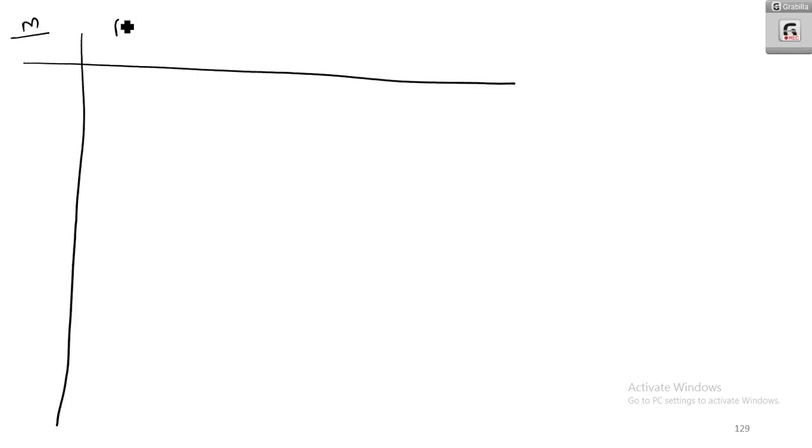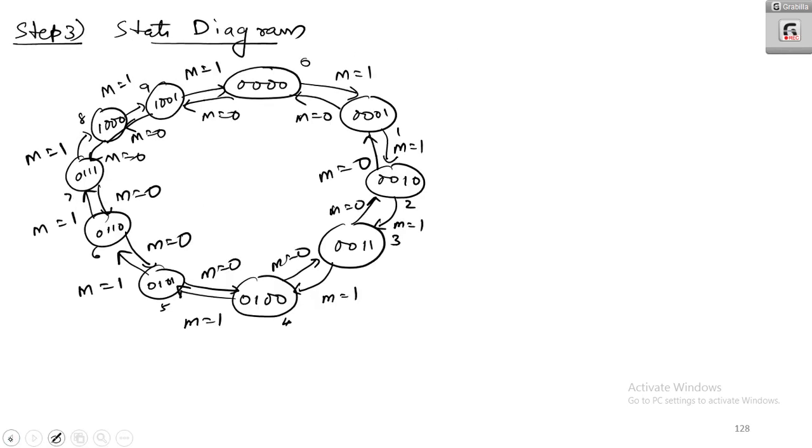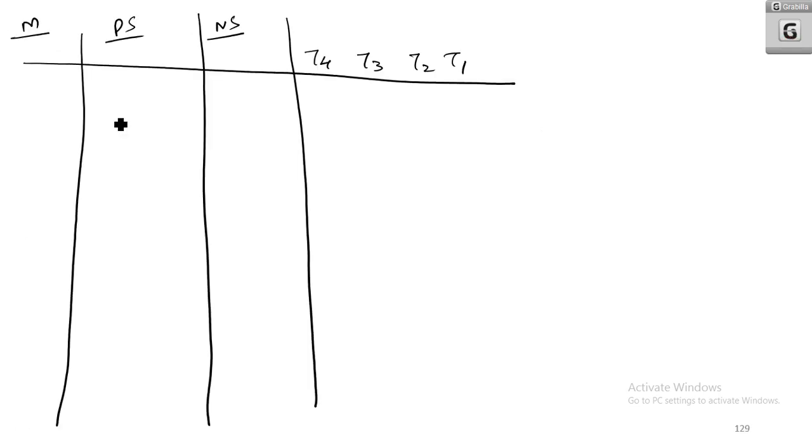So present state, next state. Here I am having T flip-flops. I am having T4, T3, T2 and T1 because it is having 4 bits, which means that you should go for 4 flip flops. So I will go with 0, 0, 0, 0.